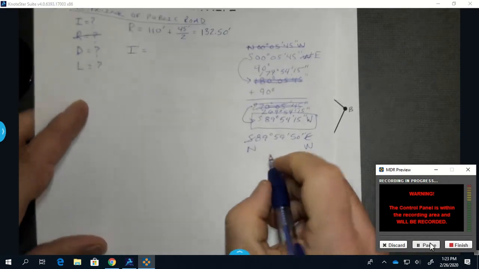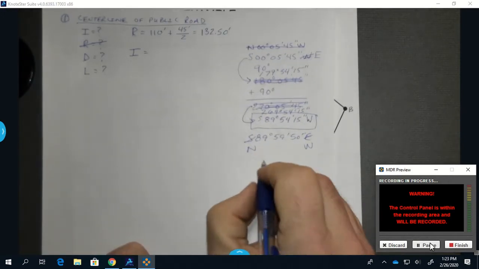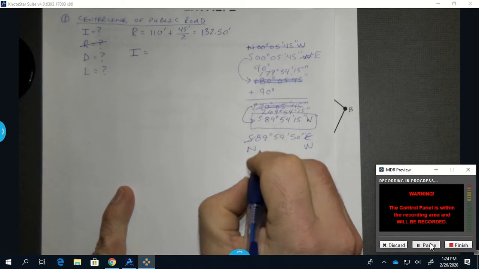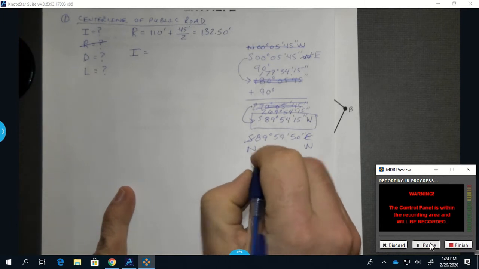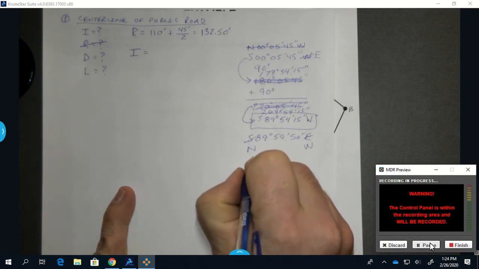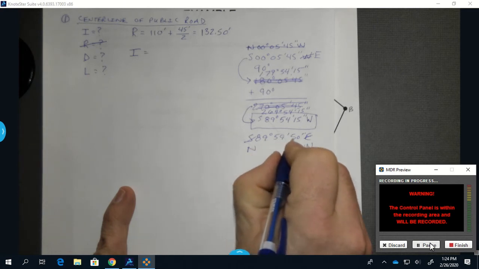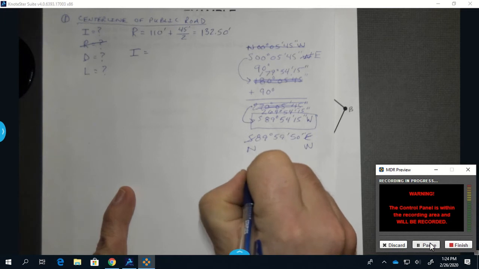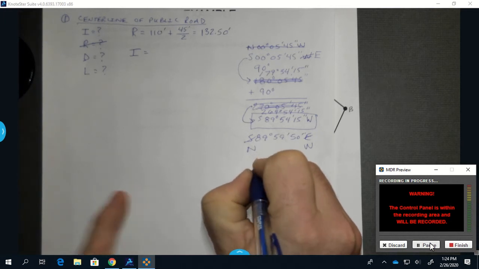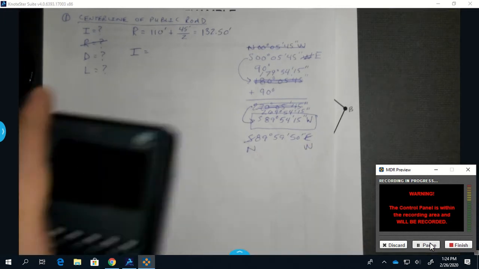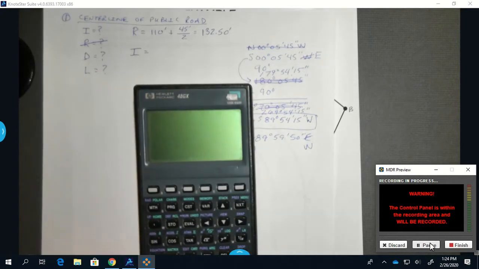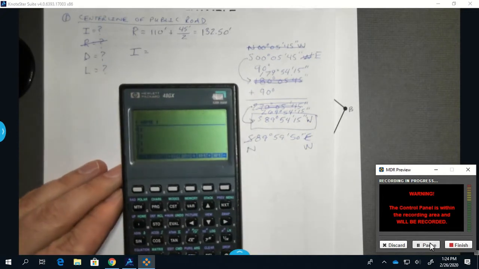So let's see how we're going to do that. So it's a northwest. So I'm 360. I want to turn it into an azimuth because it's easier to work with azimuths. So north 89, 59, 50 west would be the same as, let's take a look here, trusty calculator. We'll take 360 if I'm turning it into azimuths and take 89, 59, 50 and subtract from that.